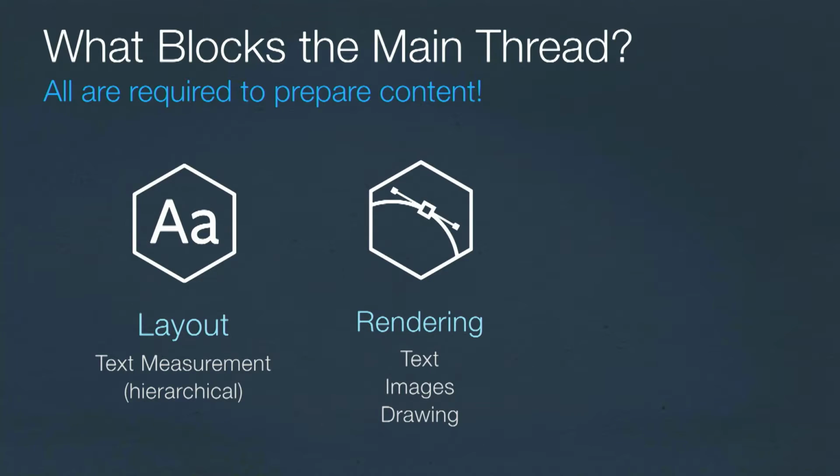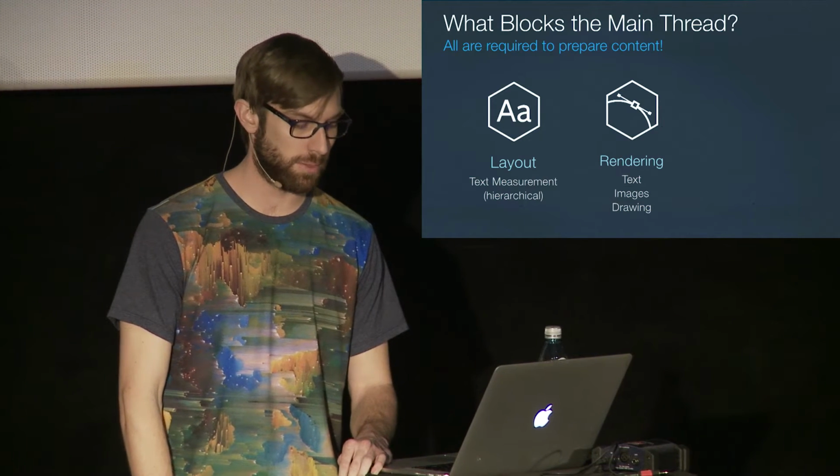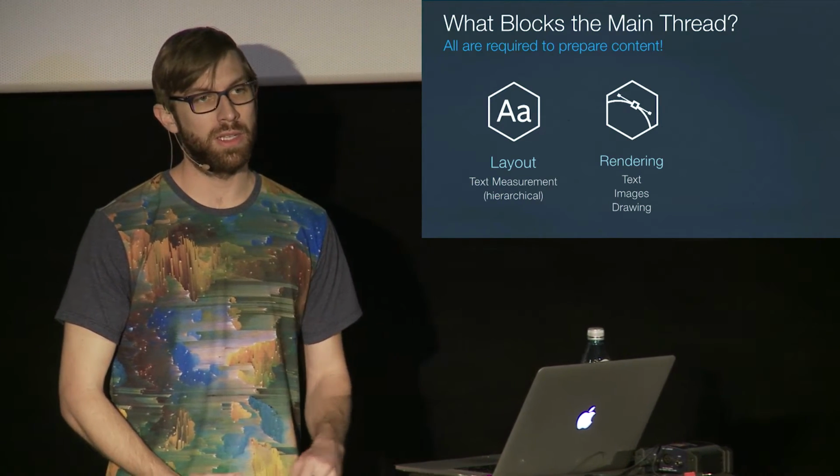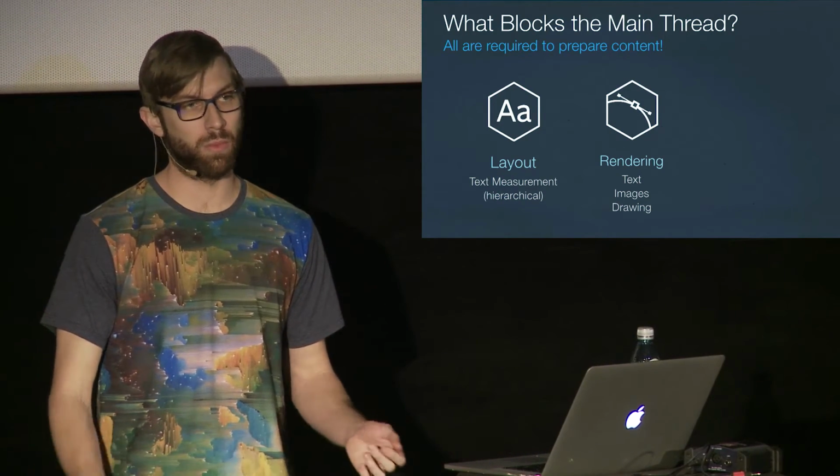Rendering is a broad topic that includes rasterization of text, decoding images, PNGs and JPEGs, but also arbitrary graphics like shadows and shapes. Note that text in both layout and rendering needs to support many different world languages.